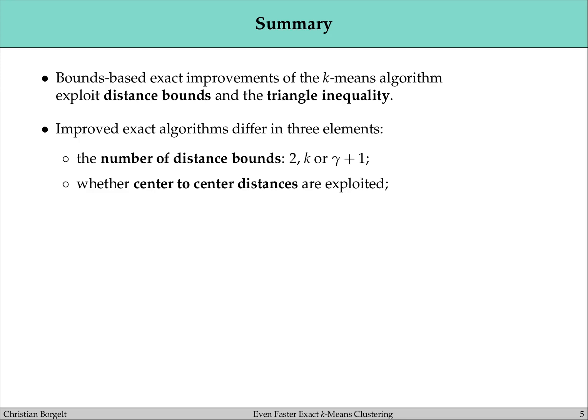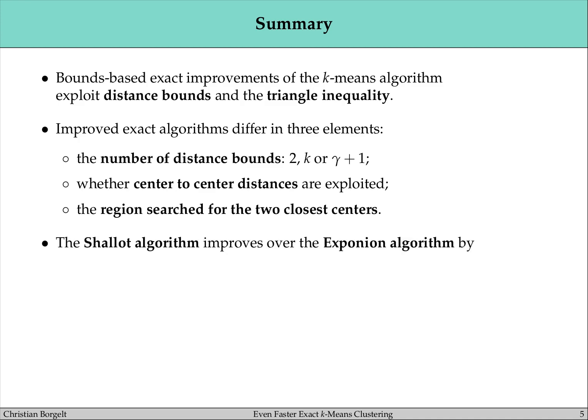Secondly, whether center-to-center distances are exploited in order to stave off a recomputation of distances between data points and centers. And thirdly, the shape and location of the region that is searched for the 2 closest centers. Of course, this last distinction applies only to algorithms that use only 2 distance bounds. The proposed Shallot algorithm improves over the exp-onion algorithm.